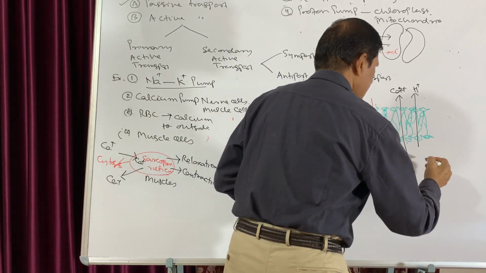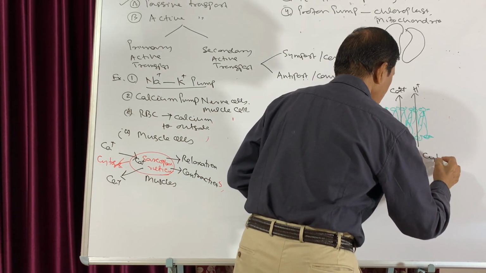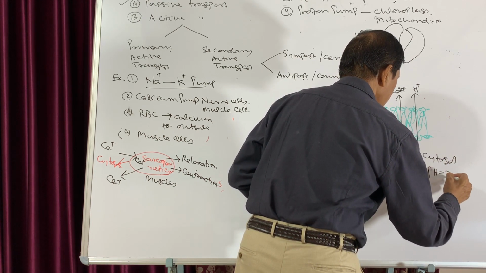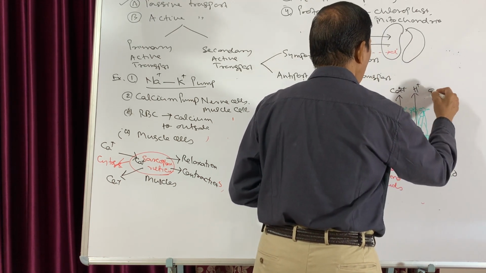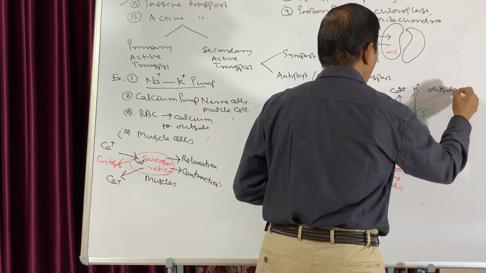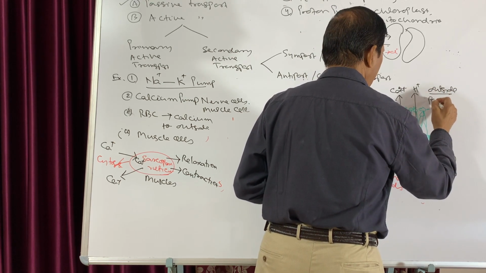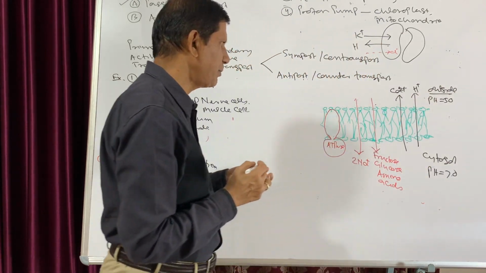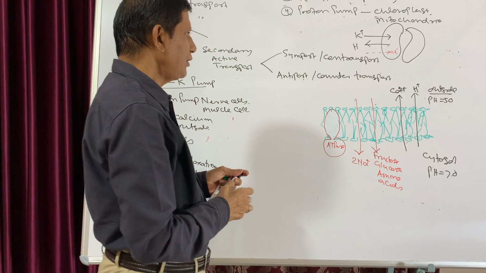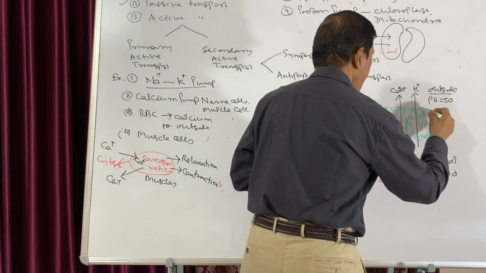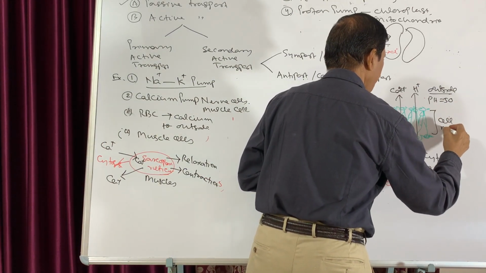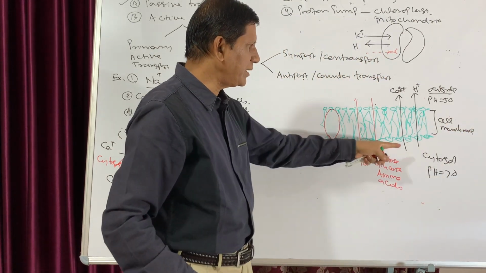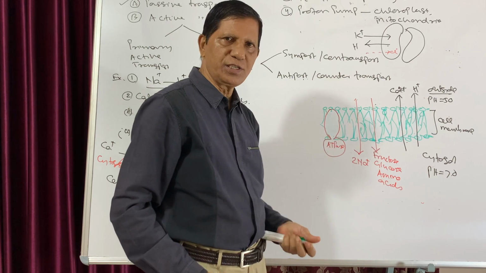Now let us write, this is the cytosol, that means the inside where the pH is 7, and this is the outside where the pH is 5. Now see, this is the cell membrane, this is the inner side of the cell, and this is the outside of the cell.